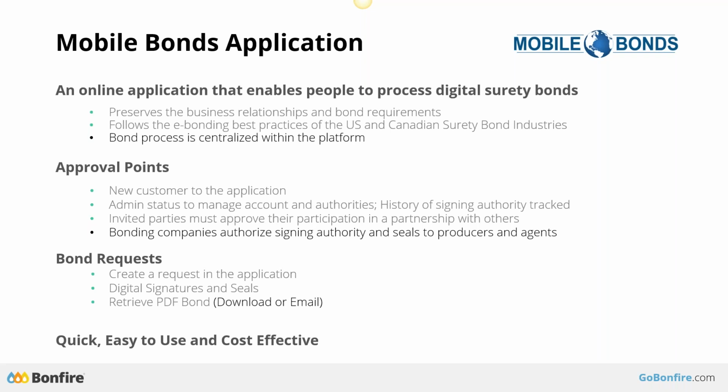In fact, we're just the platform that allows them to come in, transact, create the digital bond, and then take it away and upload it into the Bonfire system. So we think of it as a centralized process. Everything has to happen inside the application, and it's not that somebody can simply sign in, execute a bond, and take it away.